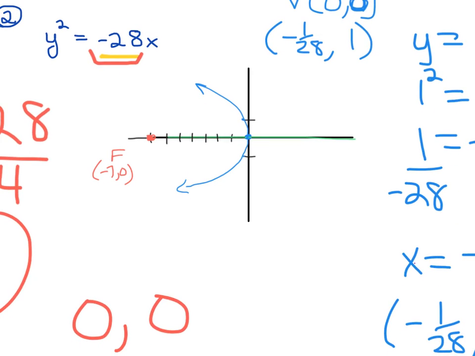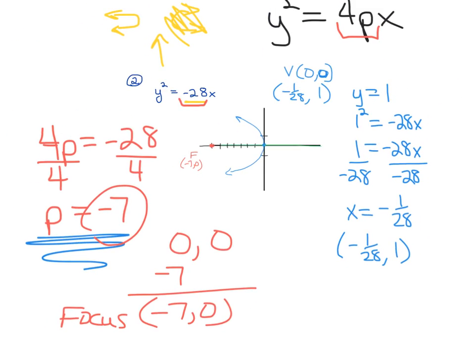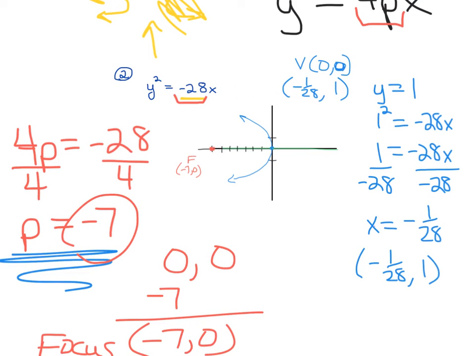My directrix is going to be opposite of p, so 7 units in the other direction. 1, 2, 3, 4, 5, 6, 7. And here is my directrix line. It's an equation of a line, so you will tell me the directrix is x equals 7.